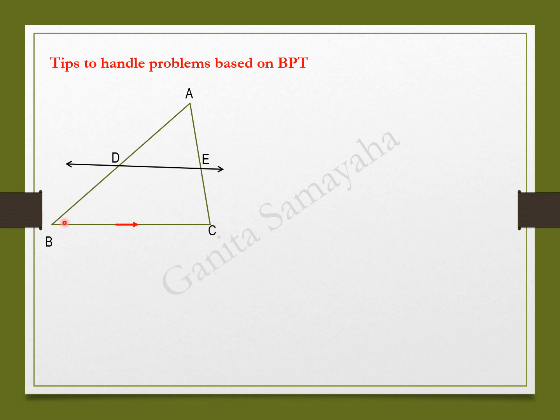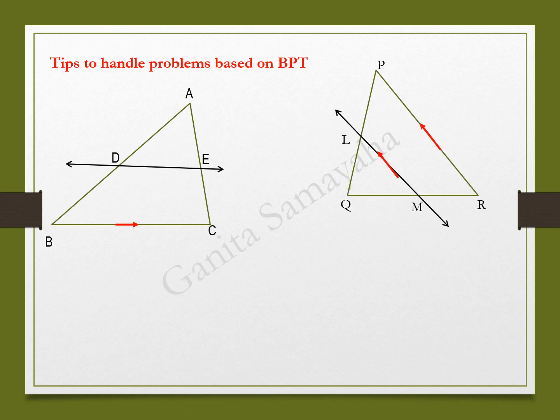Of course, you can write it as BD by AD equal to CE by AE as well. Top by bottom, or bottom by top and bottom by top. So you must be careful how you write this proportion. You might have a triangle with a different orientation.